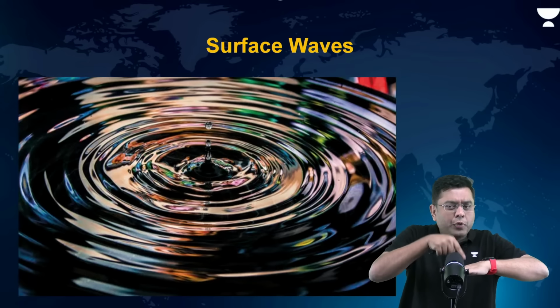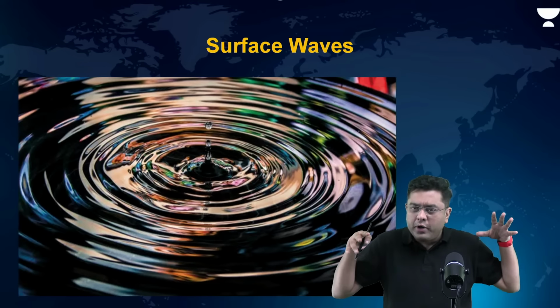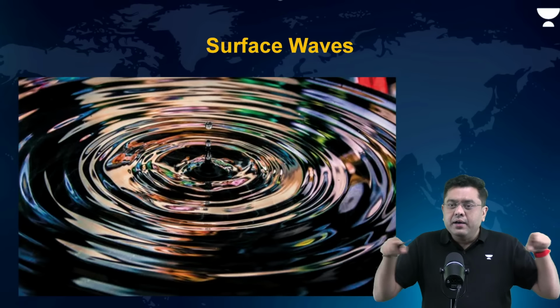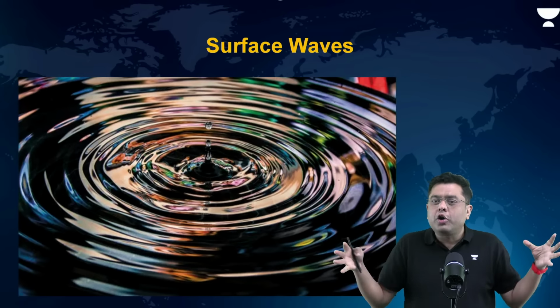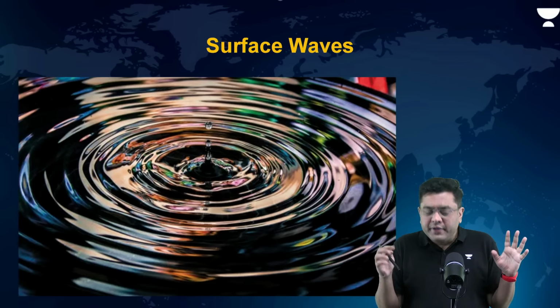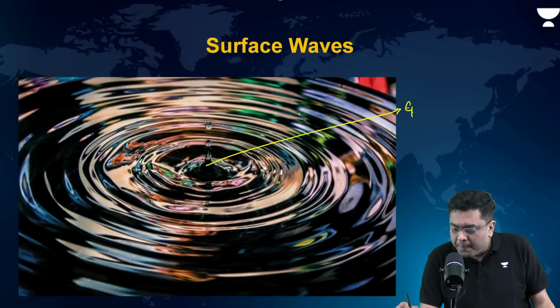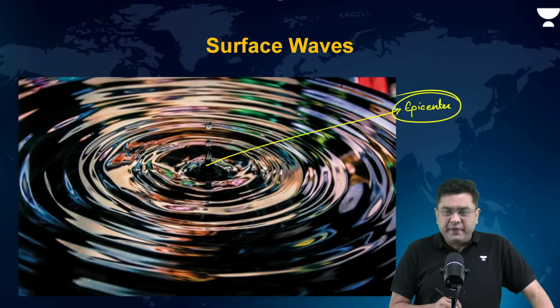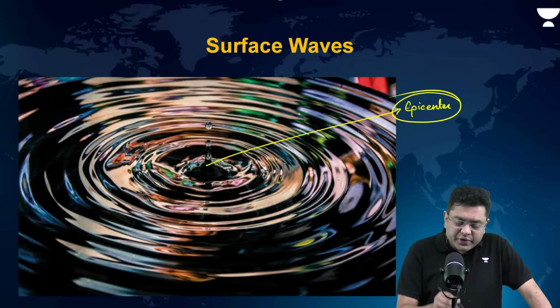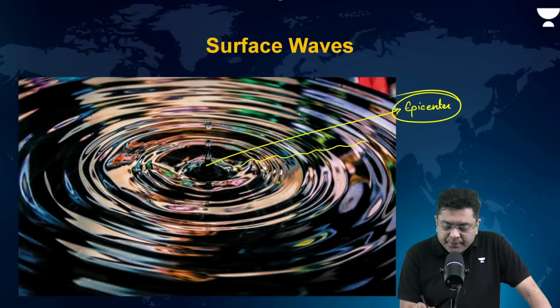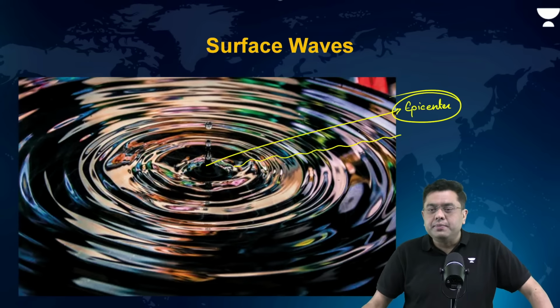The stone will hit one portion, not the entire lake or pond, but that will send ripples all across the water body, isn't it? So, even if this is your epicenter, let's suppose, it has been disturbed by the body waves. But once it is disturbed, then the surface gets disturbed.